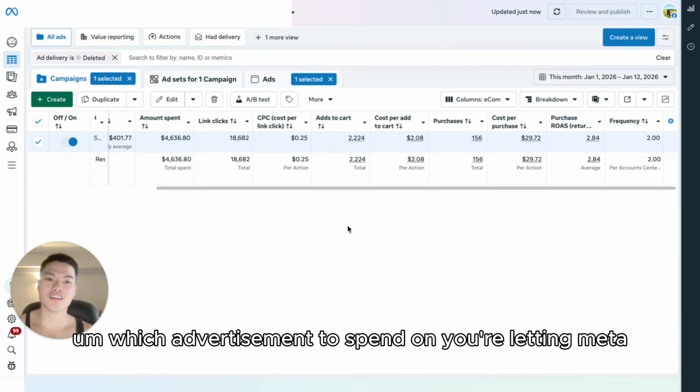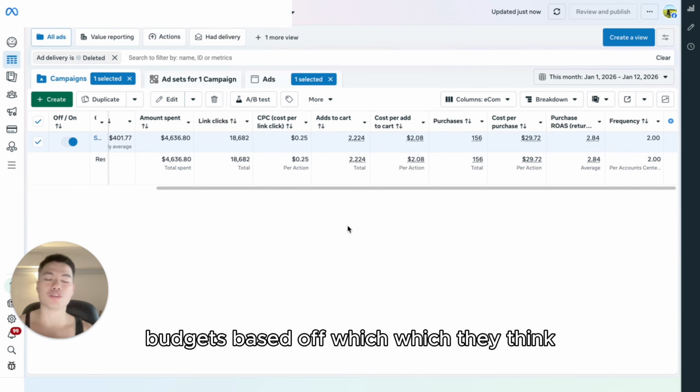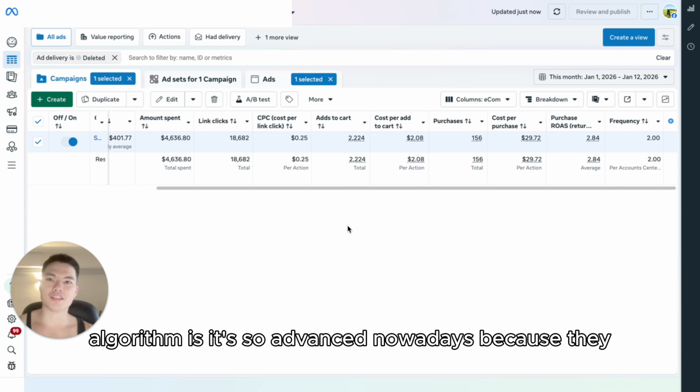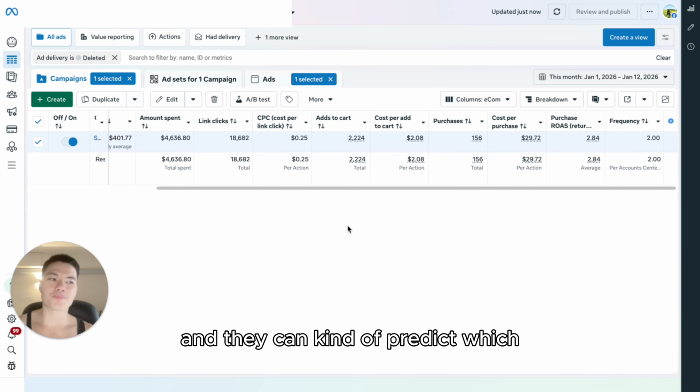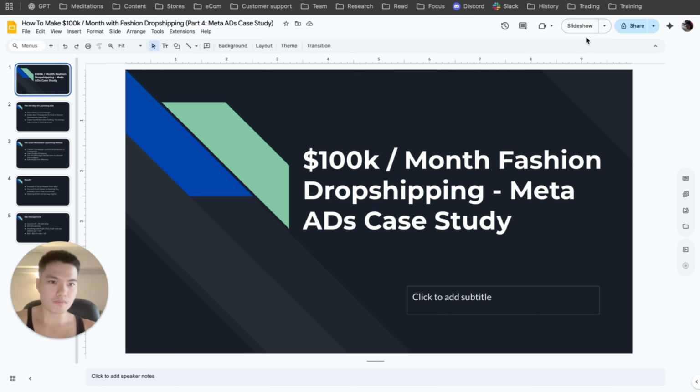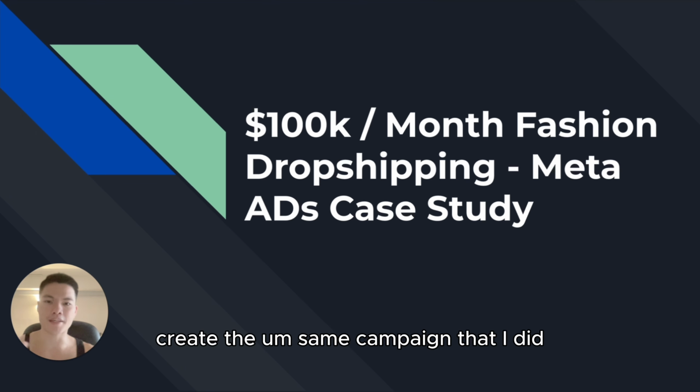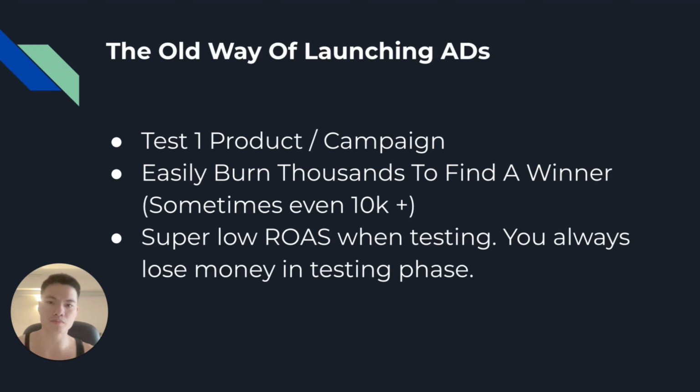You're letting Meta allocate the budgets based on what they think is going to work best. The Meta algorithm is so advanced nowadays because they have so much data, and they can predict which product is going to work well. I'm going to go through this slideshow and break down a little bit more about how we set up, and later on I'm going to show you how we can actually create the same campaign that I did.